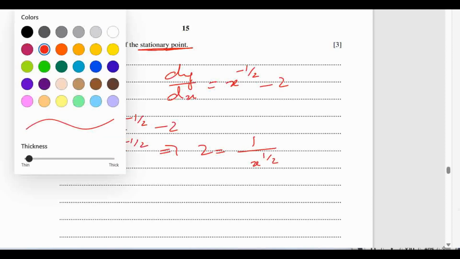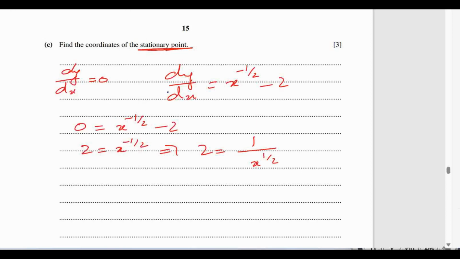Again we can perform the cross multiplication. So x power 1 by 2 is equal to 1 by 2, and here we can cancel out this 1 by 2. We can take square on both sides. So x will be equal to 1 by 4.